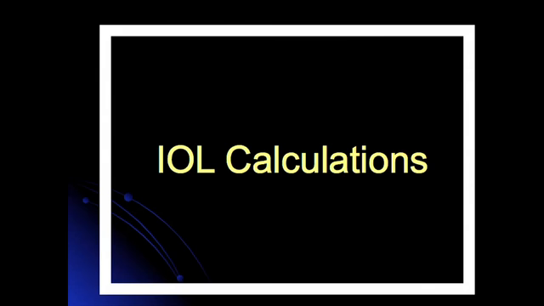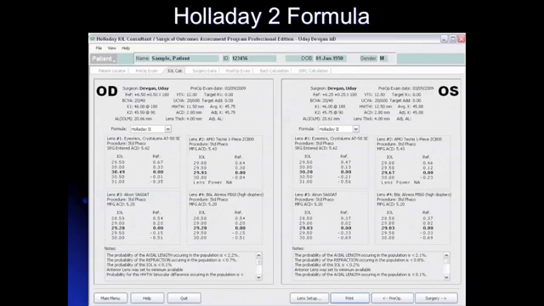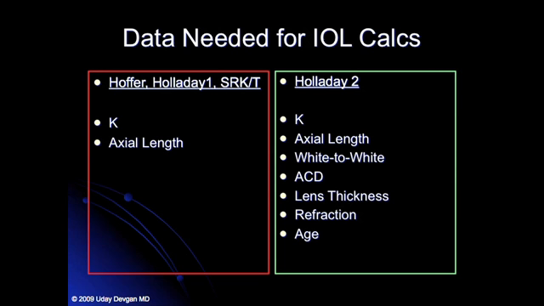For lens calculations, right now you have all the software for your formulas built in, SRK/T, Hoffer Q, Holladay 1, and soon you'll have the Holladay 2 as well. And the Holladay 2 is nice because it's a little bit more accurate, particularly in the more challenging eyes: small hyperopic eyes, post-LASIK eyes, etc. Remember, you need more variables though.